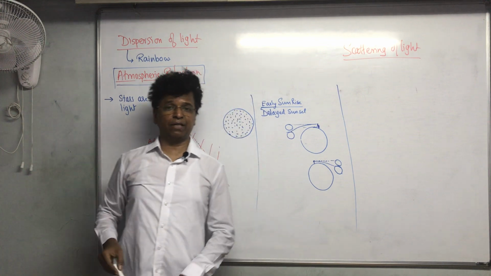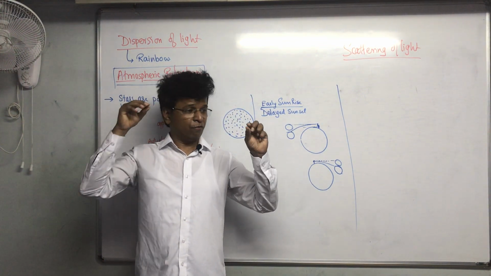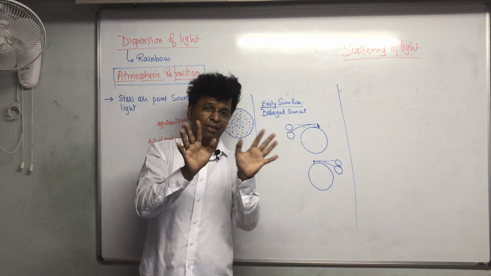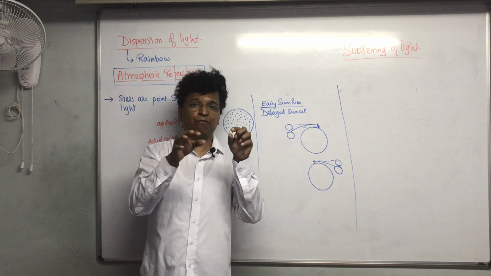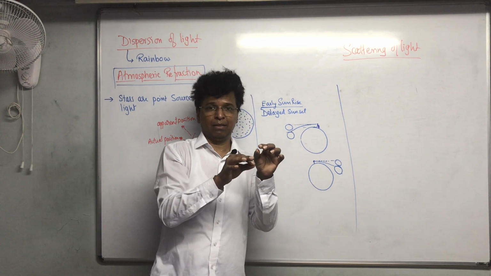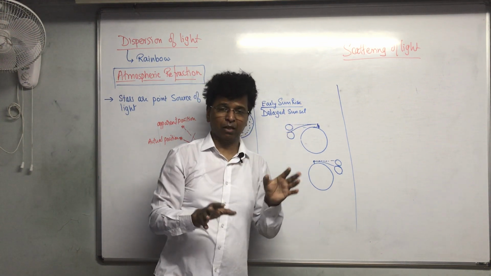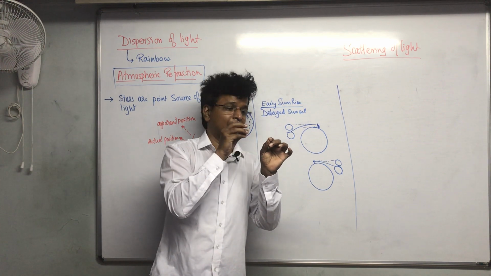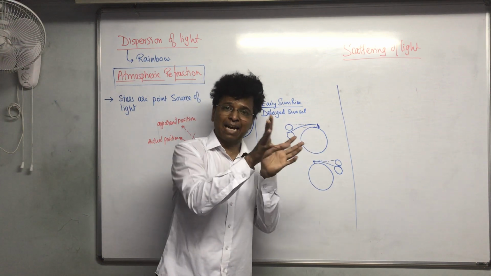Scattering of light is different and dispersion of light is different. When light falls on any particle, not necessarily a transparent medium like a prism or a glass slab, when it falls on any particle, dust particle or any particles in the atmosphere, at that time, depending on the size of that particle, light scatters.